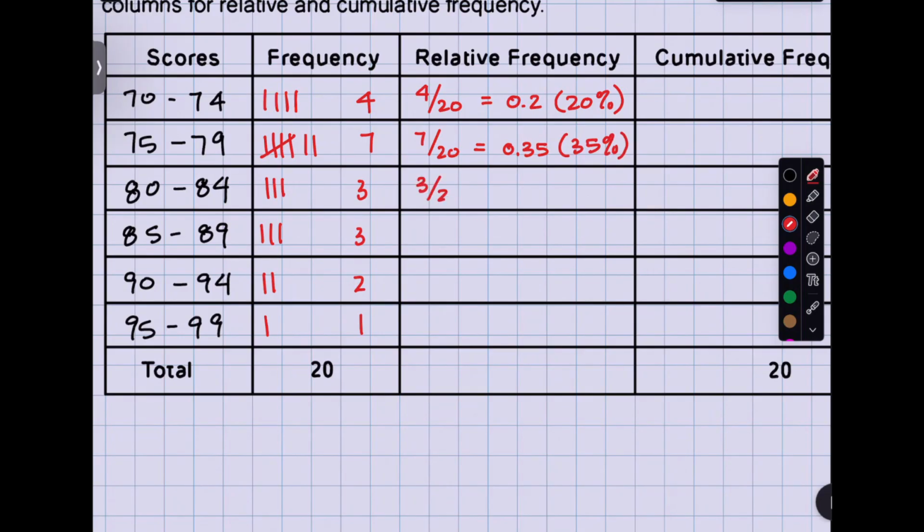Three out of 20. Two out of 20. And 1 out of 20.